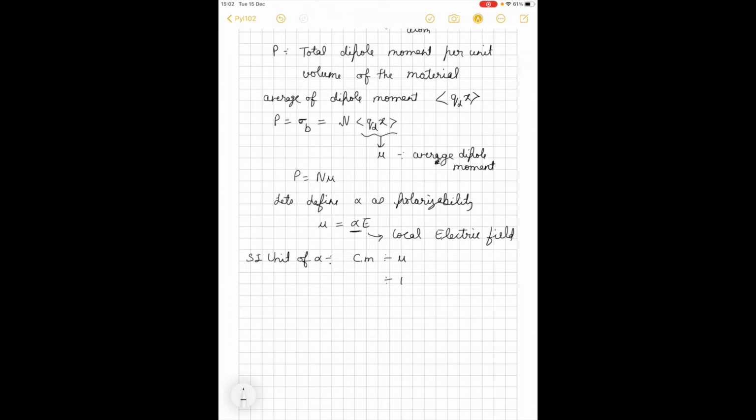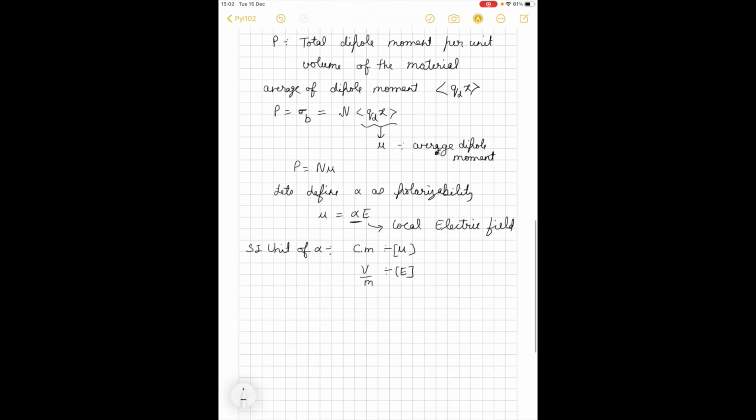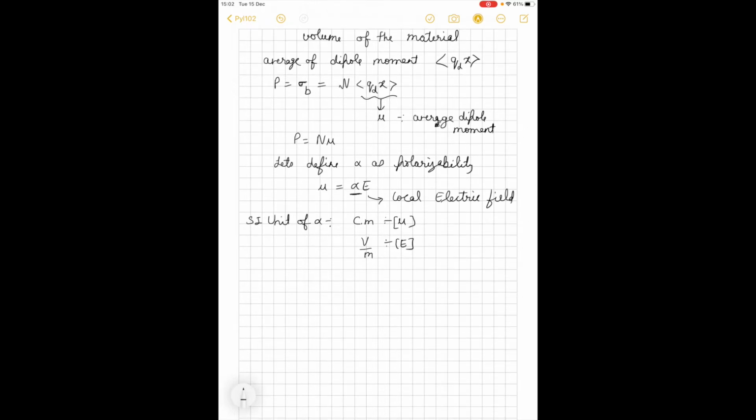The dimension of E, let me write it like this, is volt per meter, right? Electric field. So by this relation, mu is equal to alpha E, you can calculate the dimension of alpha. It will turn out to be Coulomb volt inverse, or Farad meter squared.